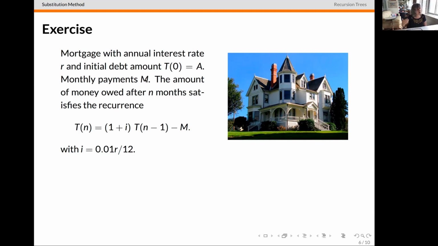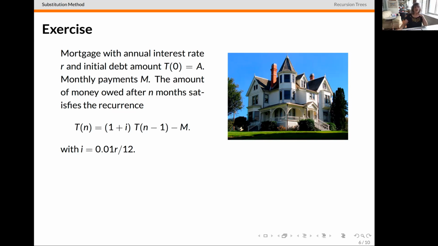So it can be shown that the recurrence in this case is the following: T of n, the amount that you still have to pay at month n, follows this recurrence. It's 1 plus I, where I is the monthly interest, times what you were owing last month, minus the amount M that you have paid that month.